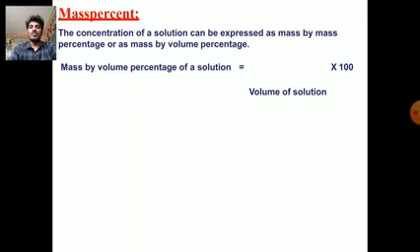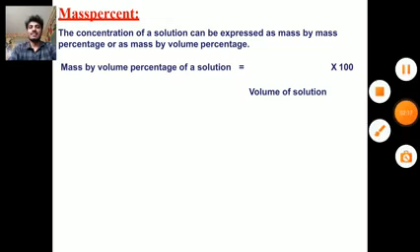The concentration of a solution can be expressed as mass by mass percentage, or as mass by volume percentage. Mass by volume percentage of a solution is equal to the mass of solute divided by the volume of solution into 100.